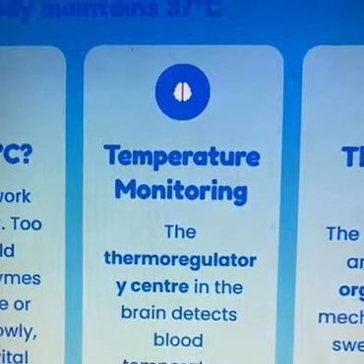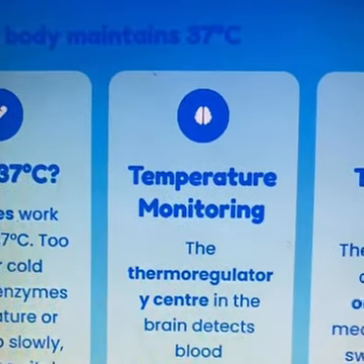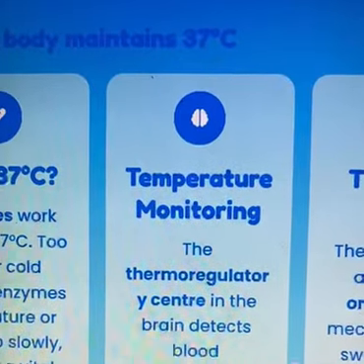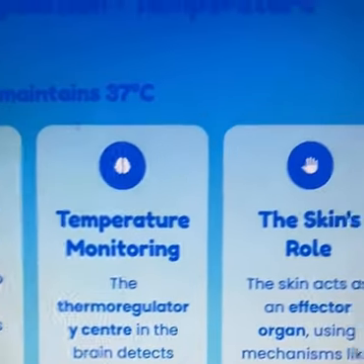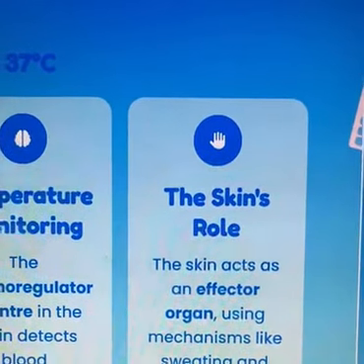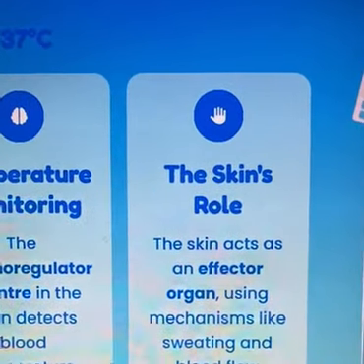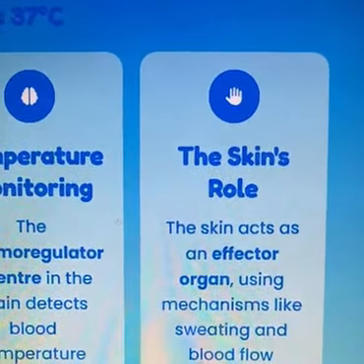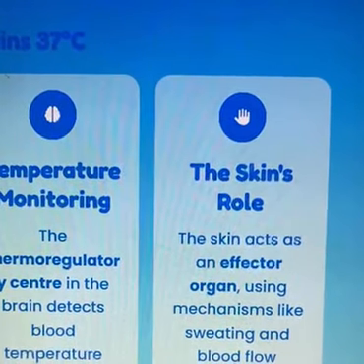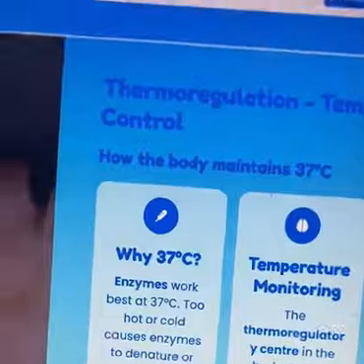The thermoregulation centers in the brain detect blood temperature changes and coordinate the body response. And the last one here, the skin role. The skin acts as an effector organ using mechanisms like sweating and blood flow changes to regulate heat loss.